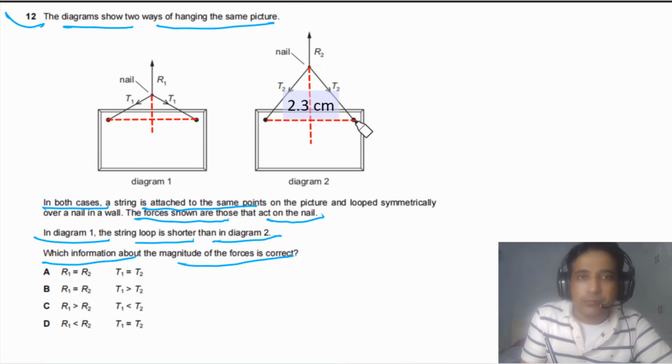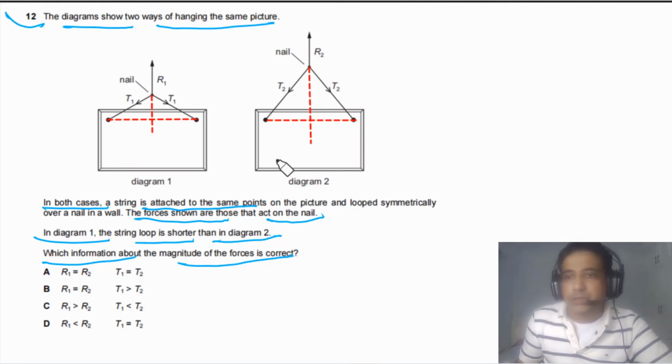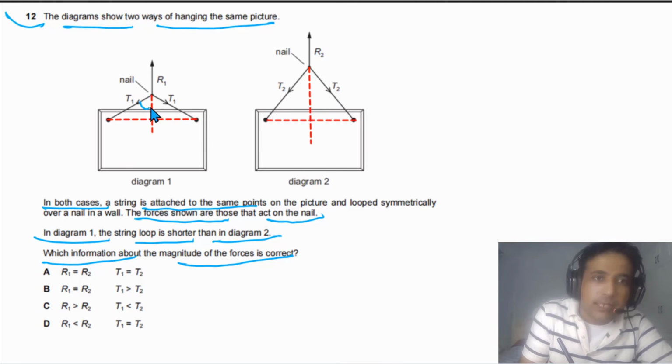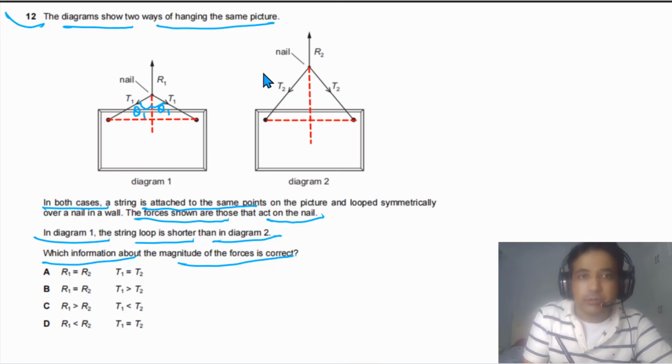So simply you can first of all complete this triangle. Now in this case you can see it is very clear that this angle, let's say, is theta 1. So this angle also will be equal to theta 1 because it is symmetrical, and this angle we can say is theta 2, and this angle also has to be equal to theta 2.